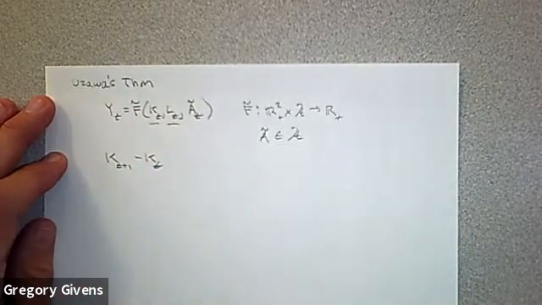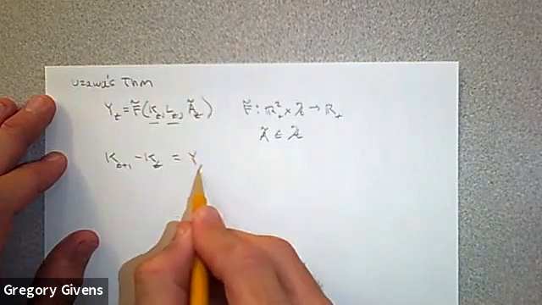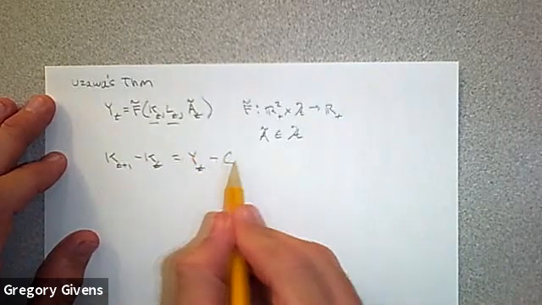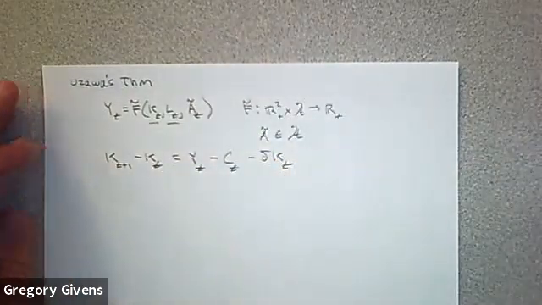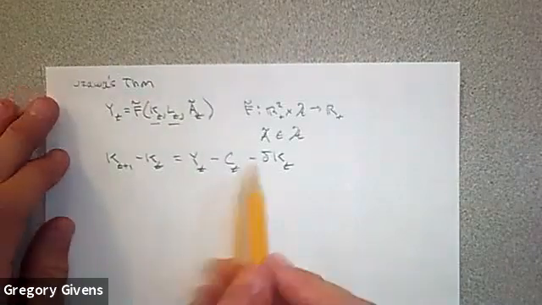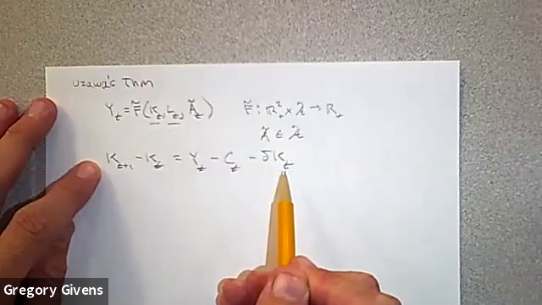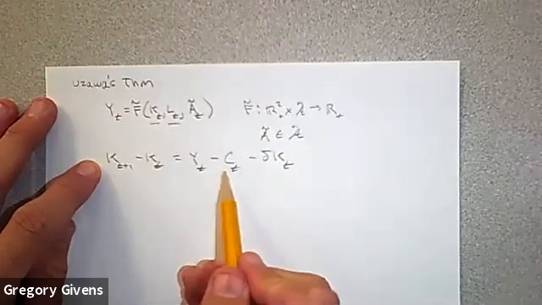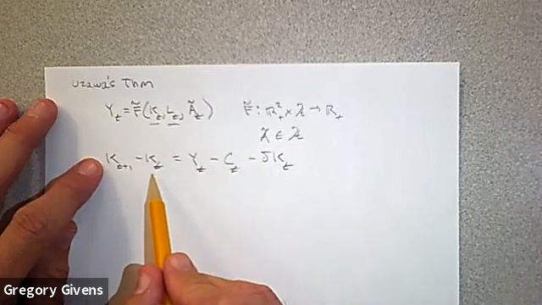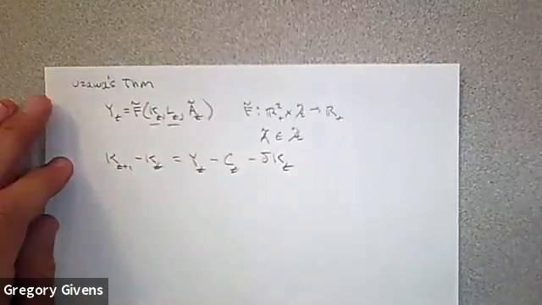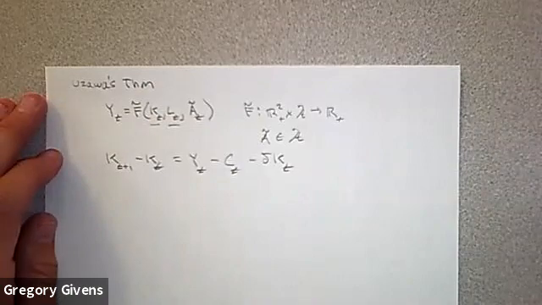The change in the capital stock between periods t and t plus 1 is equal to the economy's production of output minus total consumption minus how much of the capital stock depreciates. Again, this is just the evolution of the capital stock in the Solow model. Y minus C is investment, right? So investment minus depreciation is how much the capital stock grows from t to t plus 1. This equation is going to be in most of the models that we look at. It's not unique to the Solow model.